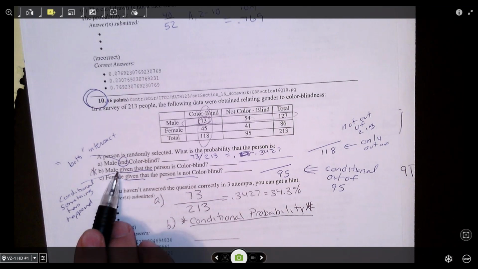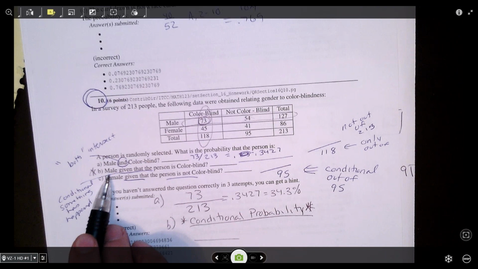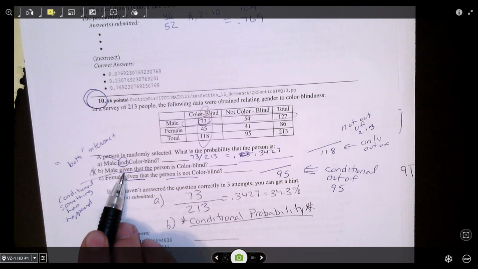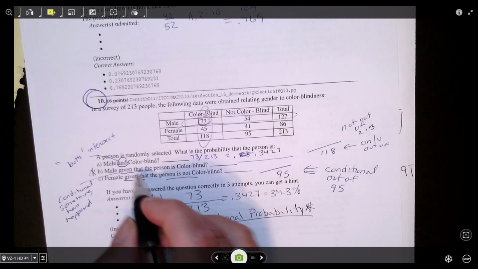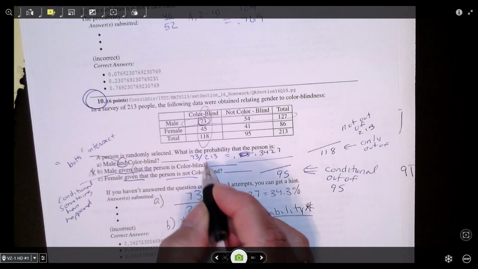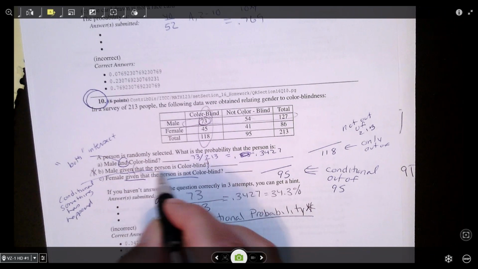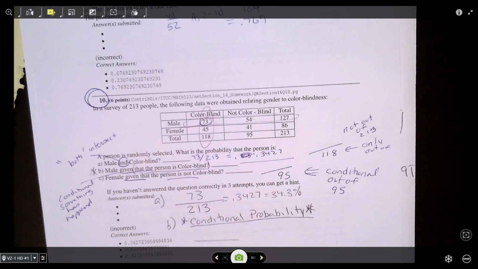Something has already happened. What's the probability of selecting a male given that the person is colorblind? So no longer are we selecting from everyone. Something has already happened. We're only choosing from those that are colorblind.